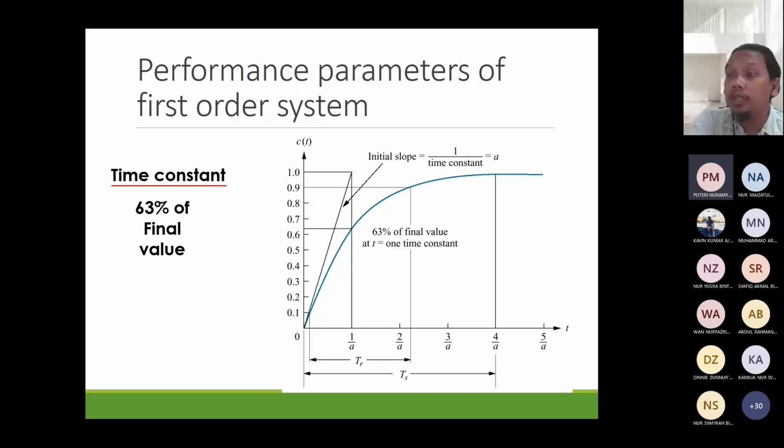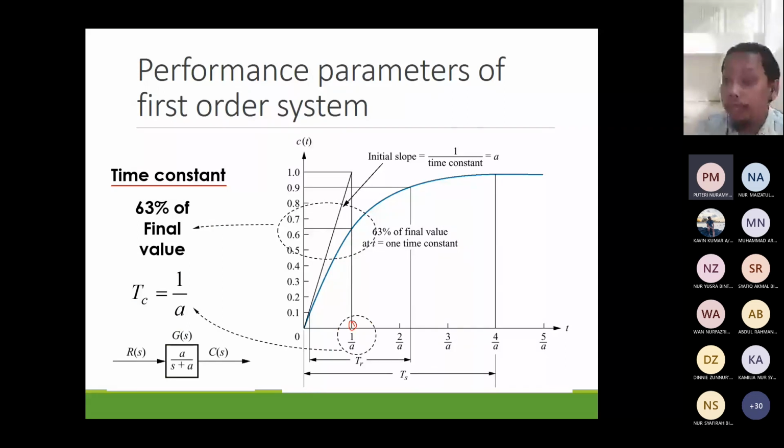The time constant is defined as 63% of the final value, or somewhere here, and the value of time is equal to 1 over a. So the time constant always equals 1 over a. If you have this transfer function, a over s plus a, then the time constant is 1 over a. That's it, just memorize it. How it is derived? I don't know, you have to read the book.